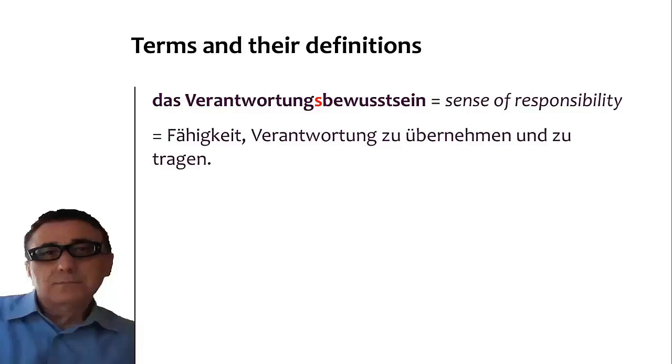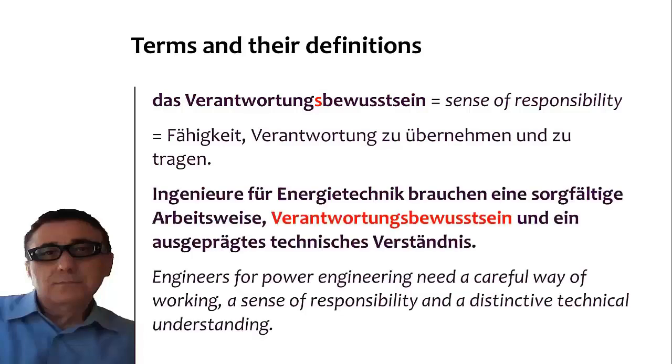The ability to take on the responsibility and carry it on. Let's look at this sample sentence where we have used the word Verantwortungsbewusstsein. Ingenieure für Energietechnik brauchen eine sorgfältige Arbeitsweise, Verantwortungsbewusstsein und ein ausgeprägtes technisches Verständnis.